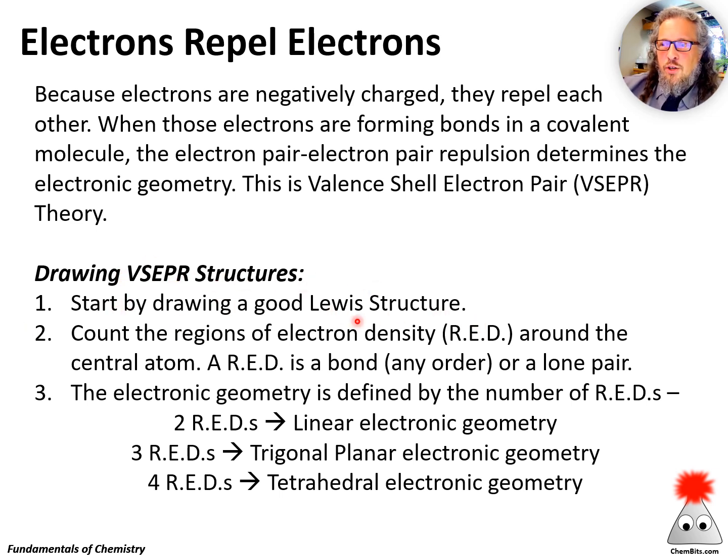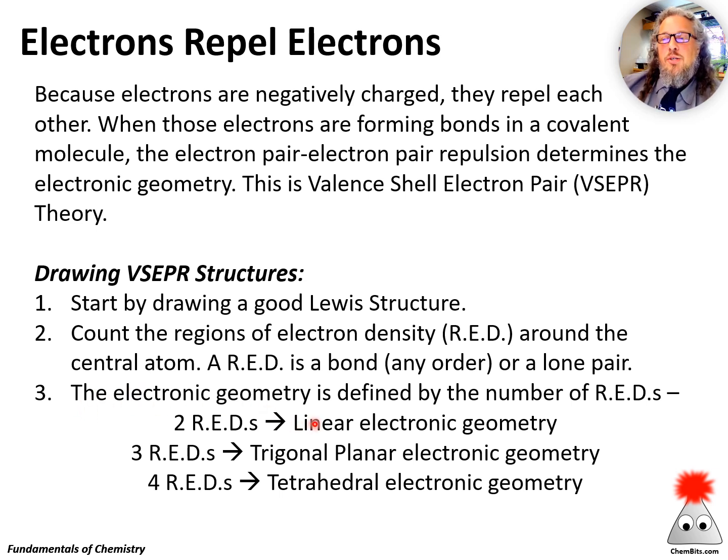So after drawing a good Lewis structure, we're going to count the regions of electron density around the central atom. A region of electron density is any bond, doesn't matter if it's a single, double, or triple, or any lone pair. Once we count the number of regions of electron density, we're almost there.